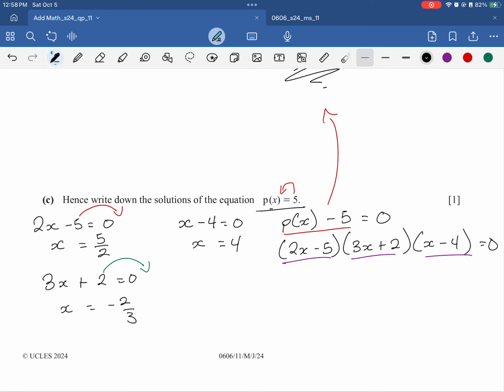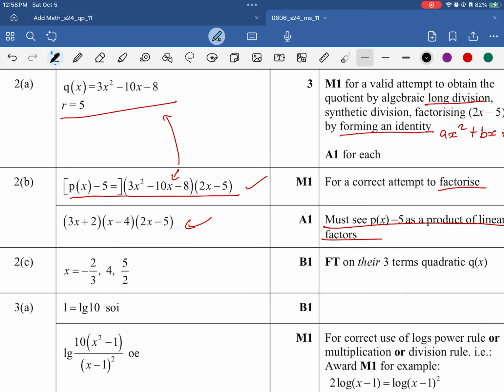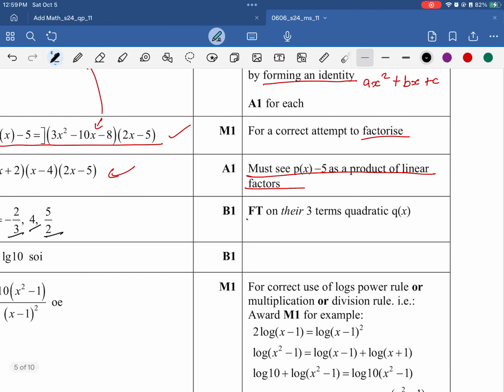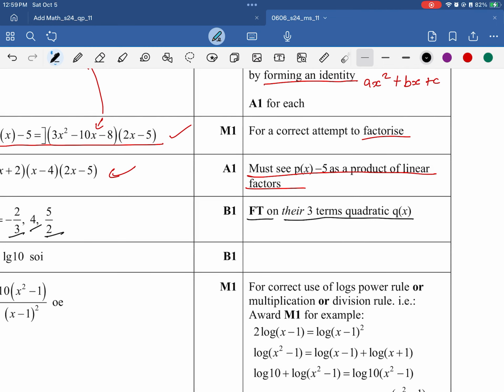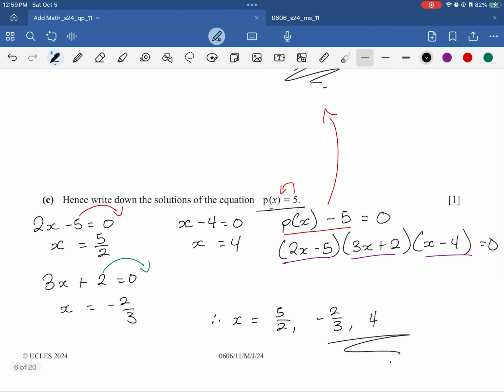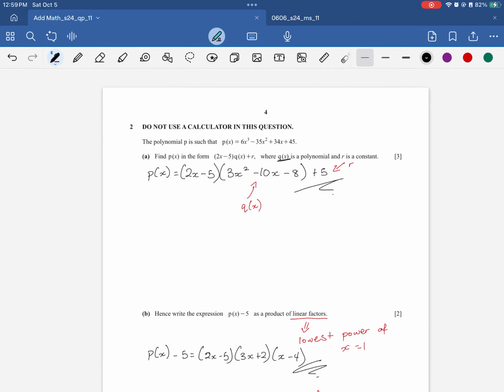So your solutions to this question are x equals 5 over 2, minus 2 over 3, or 4. That is your answer. If you double check here, you have 5 over 2, minus 2 over 3 and 4. So you get full points on each. You're writing this, equating it to 0.